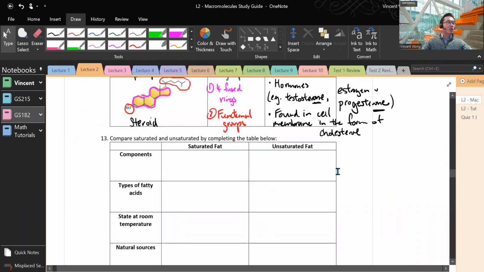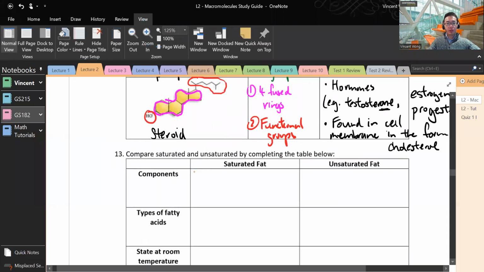Moving on, we have another table. Compare saturated and unsaturated fat. So saturated fat, what do we have? For saturated fat, we have glycerol plus 3 fatty acids, right?